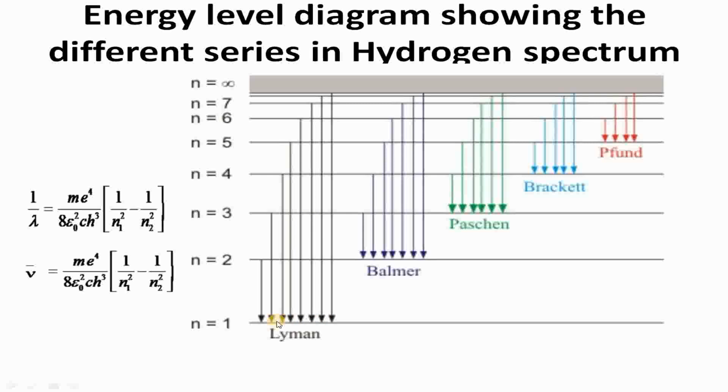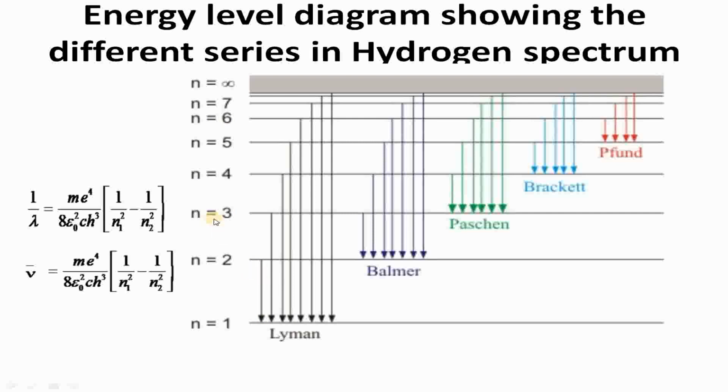As you can clearly see here, n is equal to 1 is the ground state. In the Lyman series, electronic transition takes place from n greater than or equal to 2 to n is equal to 1. So when electron transition takes place from n is equal to 2 to n is equal to 1, a photon is emitted. This photon will have a definite wavelength and definite frequency.